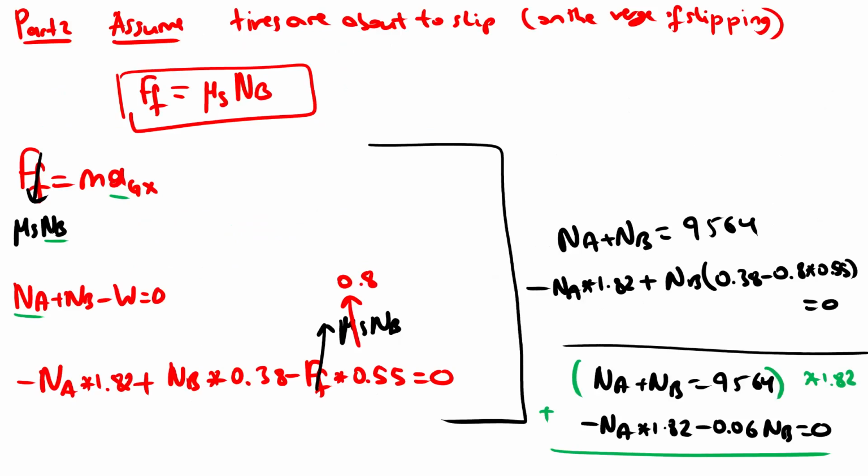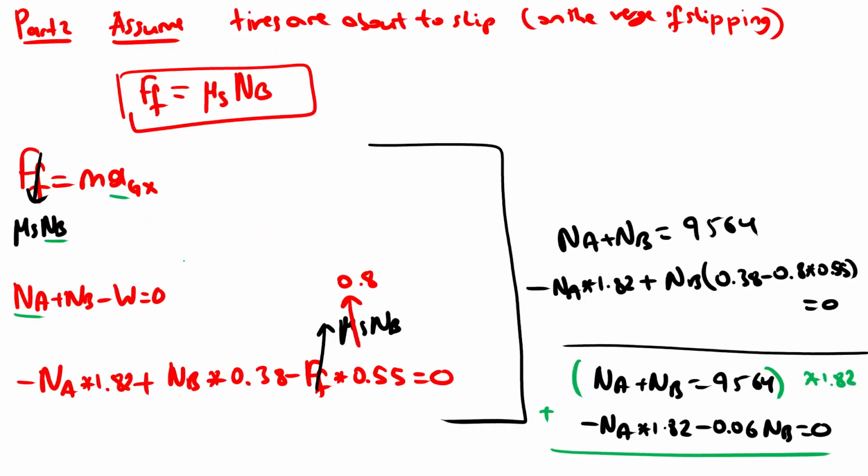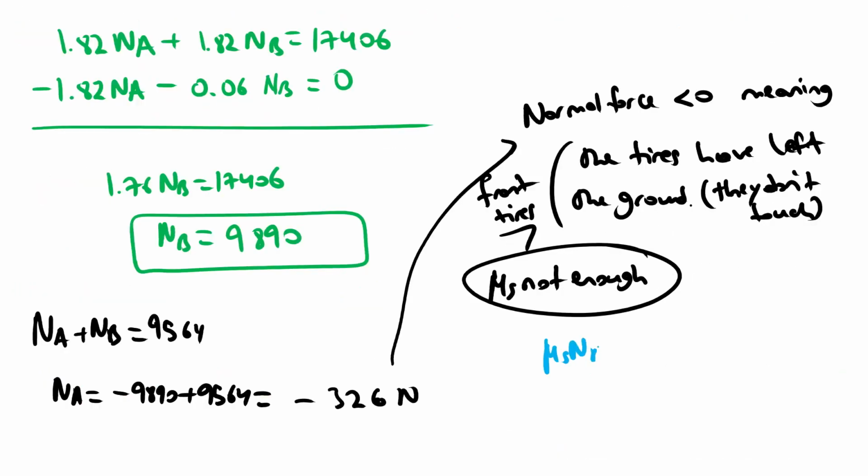Okay, so you can continue even, and you can find the acceleration for this one. That's also a very easy task since we know the NB. So let's finish the calculations. Then mu s, the first equation, mu s NB will be equal to m into agx, and this one is 0.8.